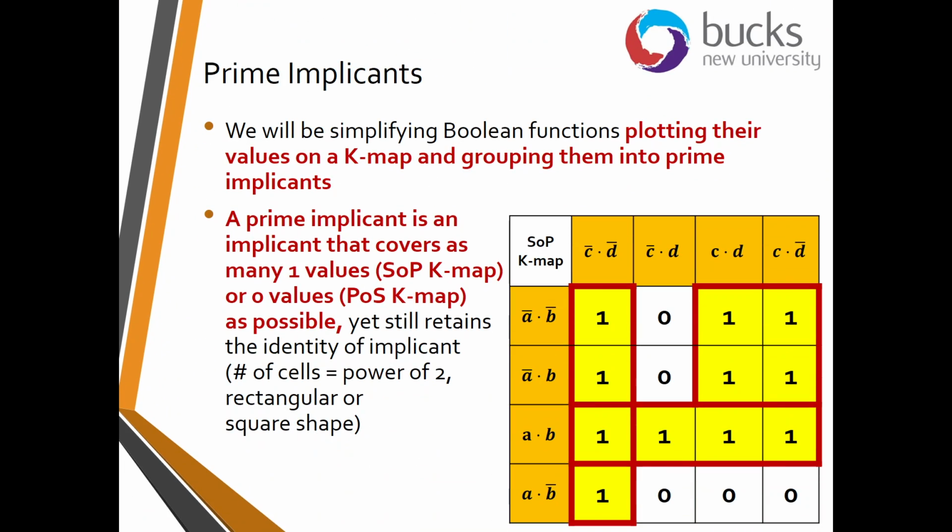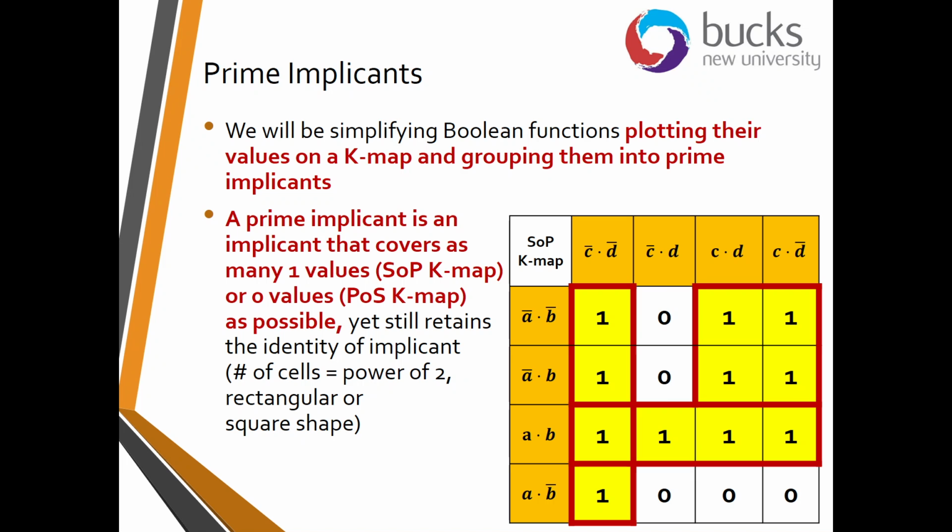So prime implicants. We'll be simplifying Boolean functions by plotting their values on a Karnaugh map and grouping them into prime implicants. A prime implicant is an implicant that covers as many 1 values in the case of SOP, or 0 values in the case of POS, as possible, yet it still must retain the identity of an implicant. So an implicant is a single cell.